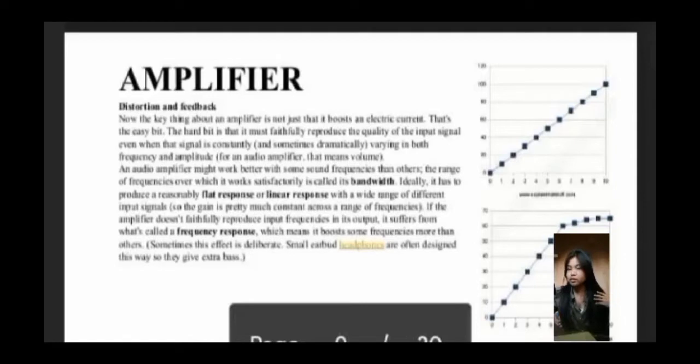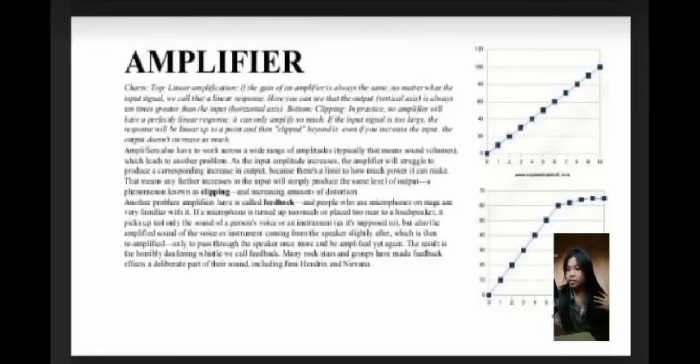So, the easy bit of the amplifier is that it boosts an electric current, and the hard bit is that it must faithfully reproduce the quality of the input signal even when that signal is constantly and sometimes dramatically varying in both frequency and amplitude.